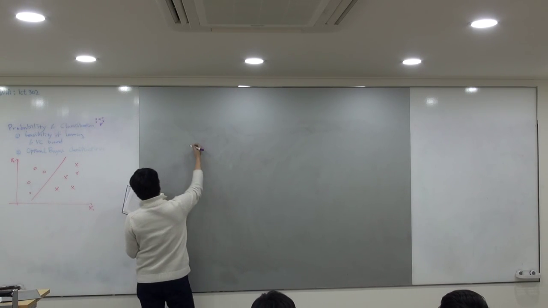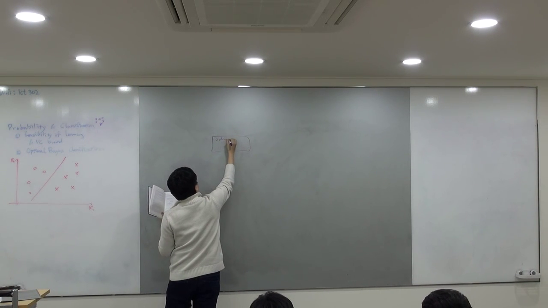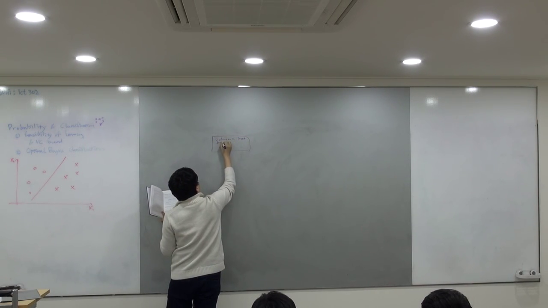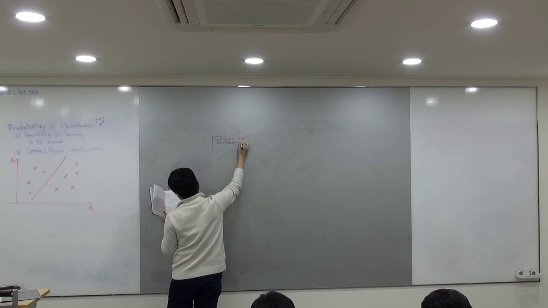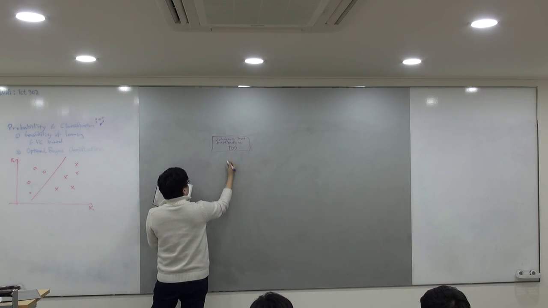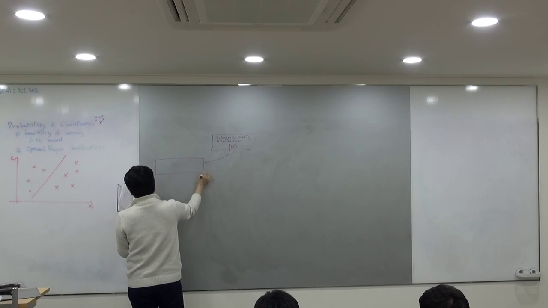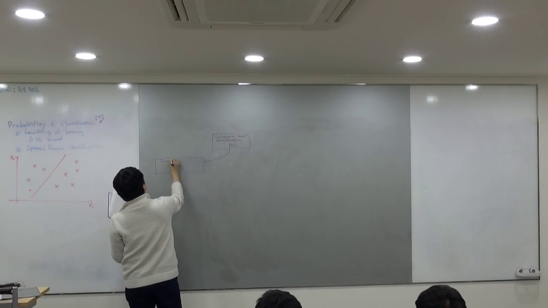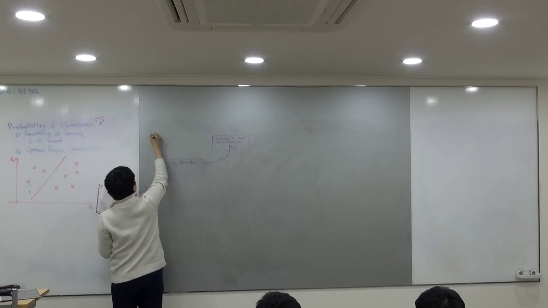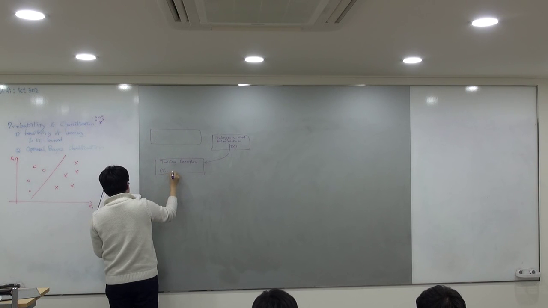So there's always something which makes the training data set, training examples. And training examples are pairs of x and y.